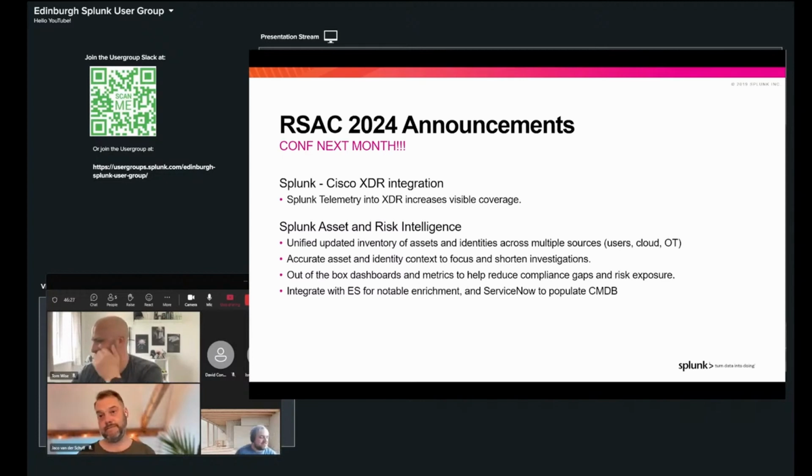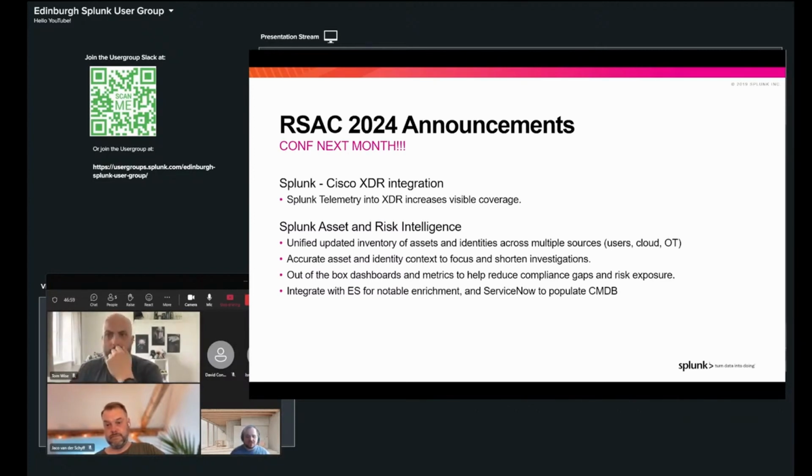It should try to keep an accurate asset and identity context to help focus and shorten investigations. It should come with out-of-the-box dashboards and metrics to reduce compliance gaps and risk exposure. And it should integrate easily with ES to enrich notable events, and with ServiceNow to populate CMDB records, and I think create incidents off the back of that.